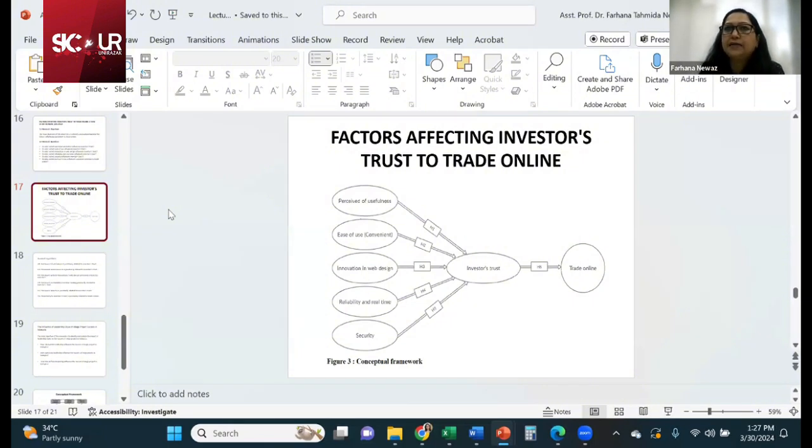At least, if you are not uploading it, mention which article you are reviewing and have done the paper critic on. Some students just send the paper critic, but they don't mention which paper they have criticized. So that's why, good question. Please upload the journal article as well.